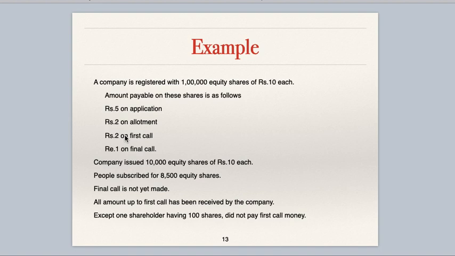So called up capital would be 8,500 into 9. On 100 shares, it has not received first call. So 100 into 2 is calls in arrears. And called up capital minus calls in arrears is paid up capital.